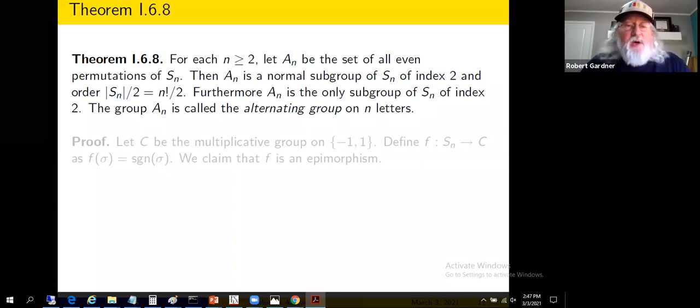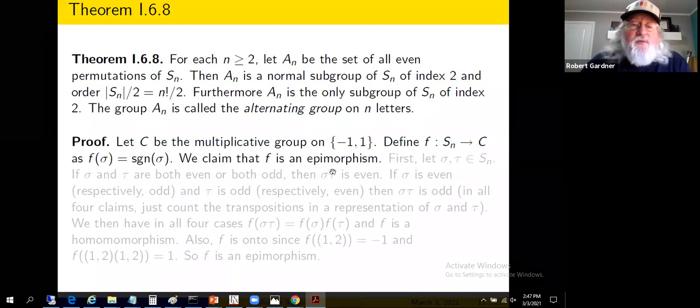All right, so what we'll do is first introduce a little group C, the multiplicative group on the symbols -1 and 1. So it's isomorphic to Z2, but the binary operation is multiplication. But anyhow, it's a group of order 2. Identity is 1. The other element's -1. It's its own inverse under multiplication.